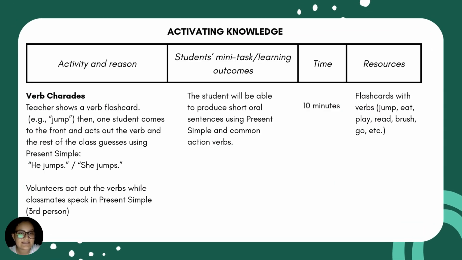The first is the activity of knowledge. In this activity, the teacher shows a verb on a flashcard, such as jump, play, eat, okay. Then one student comes to the front and acts out the verb, and the rest of the class responds using present simple, okay.